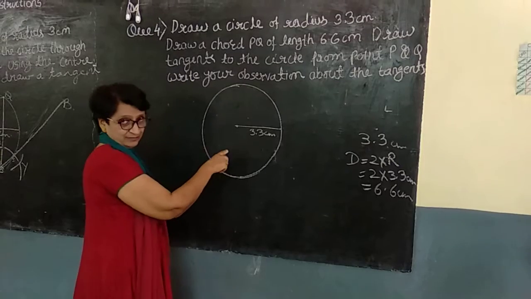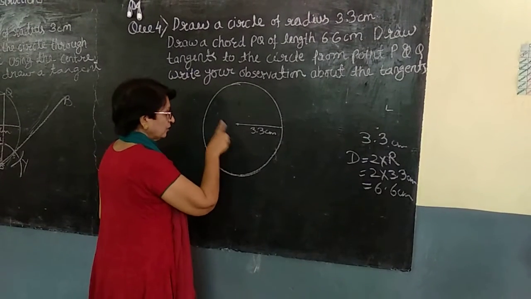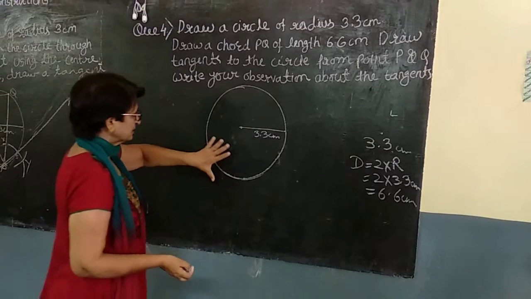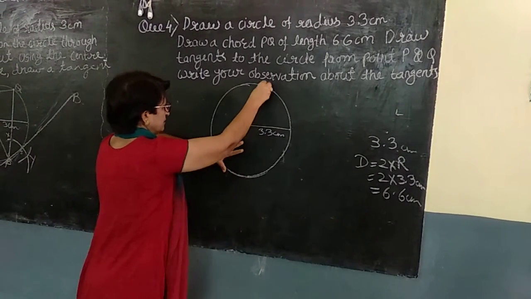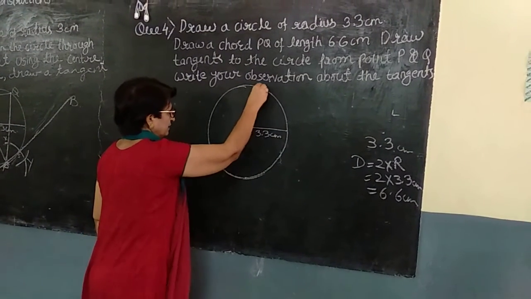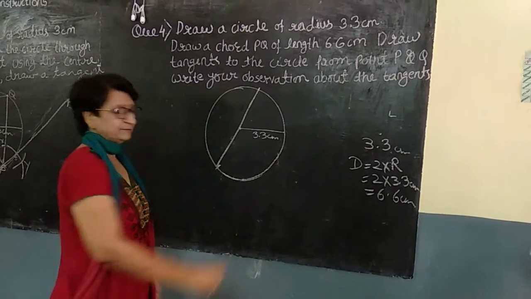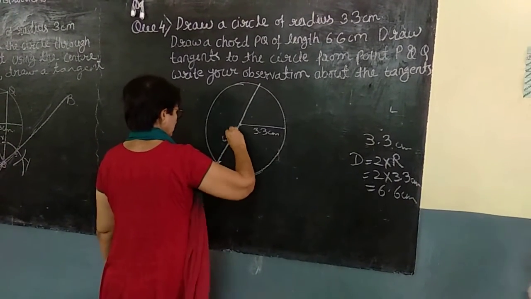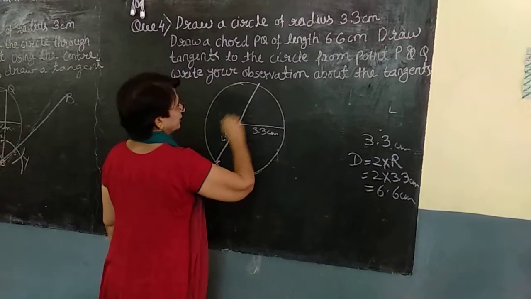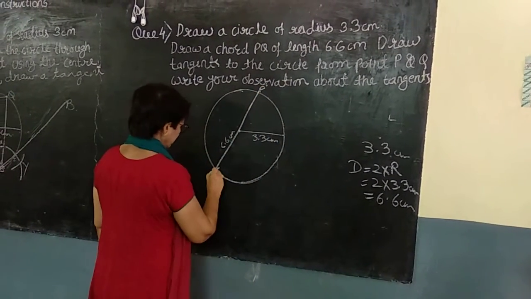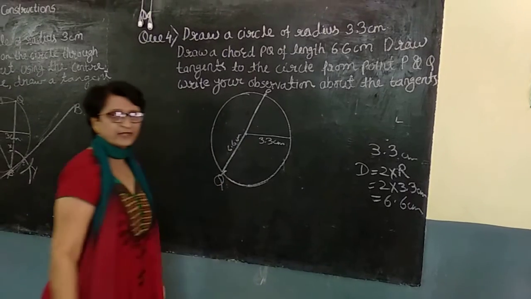If you take 6.6 and mark it on the circle, here and then here, and draw it, it will be passing through the center. So this is your 6.6 centimeter chord. They have given the name, let it be PQ.